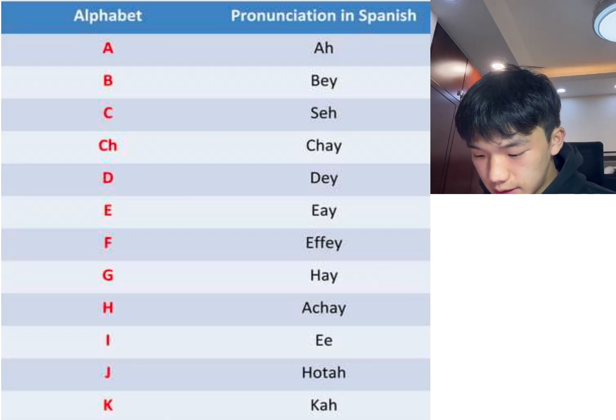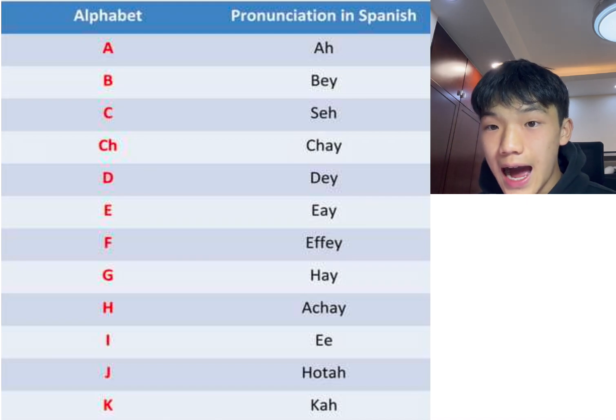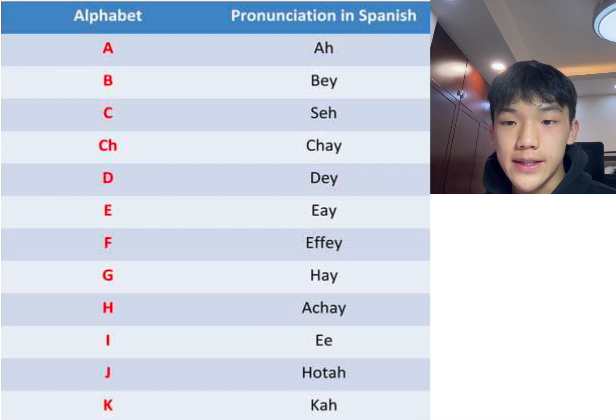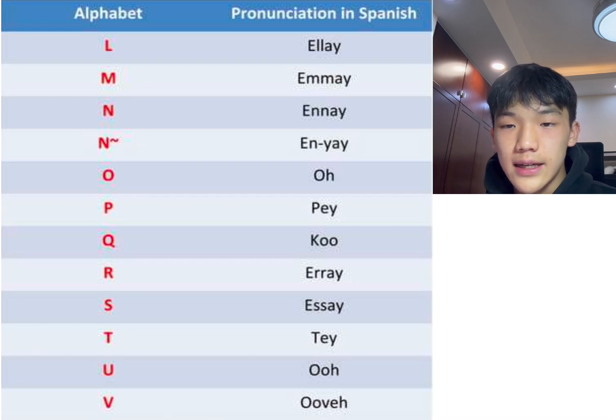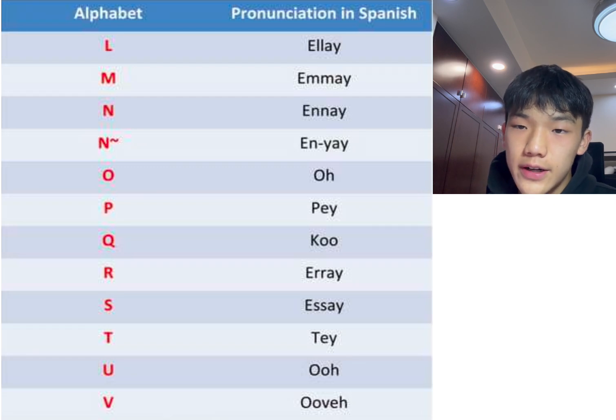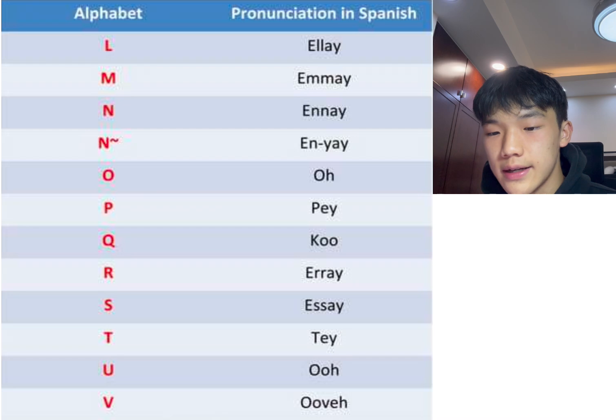So in the alphabet, you can see A, pronounced A, B, C, CH, che, D, de, E, F, G, H, I, J, K, L, M, N, and then Ñ, which has the diacritic mark we just talked about on top of the N. Here we would say nye, nye.